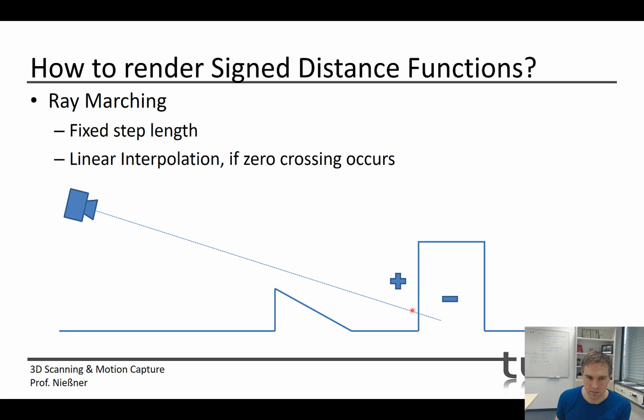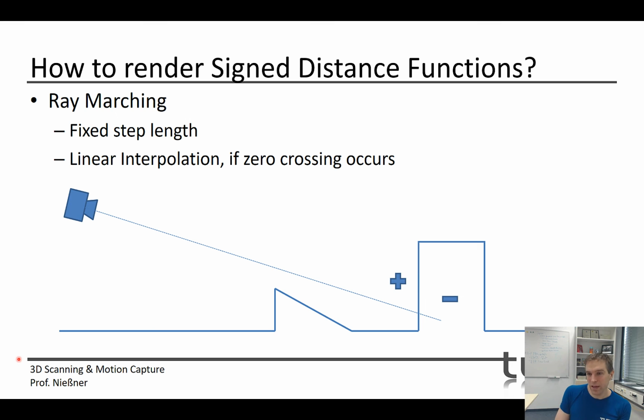So if you are here, this is 0, this would be 1, this would be 2, this would be 3, and so on. So this is a distance field. So the sign tells you what is the shortest distance to the surface.